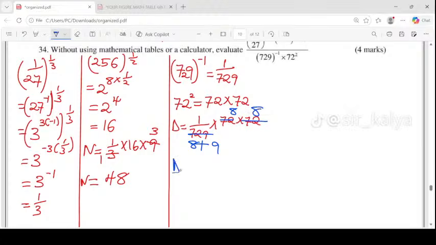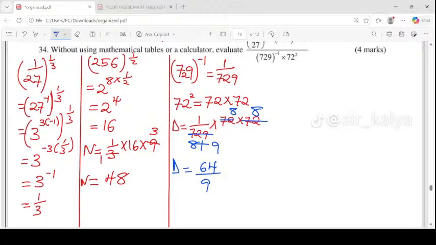I'm getting my denominator as 64 out of 9. That is what I'm getting on my side for the denominator.